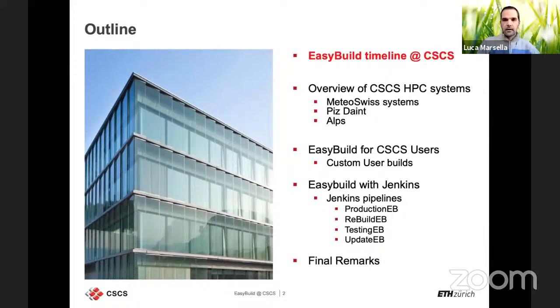And then I will mention how to customize the user builds with EasyBuild at CSCS. And I will dedicate most of the presentation to the use of the Jenkins interface that we integrate with EasyBuild, and in particular, the Jenkins pipelines that we have adopted at CSCS, concluding with some final remarks for possible developments in the future.